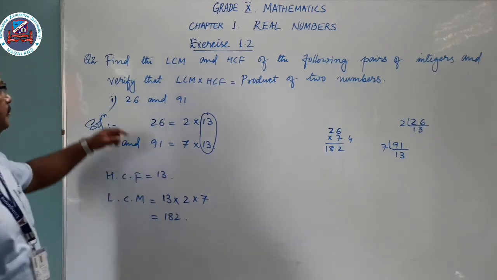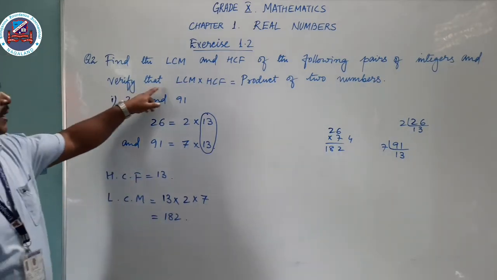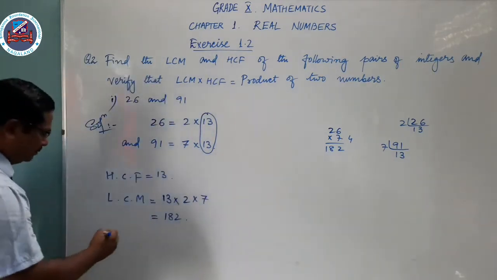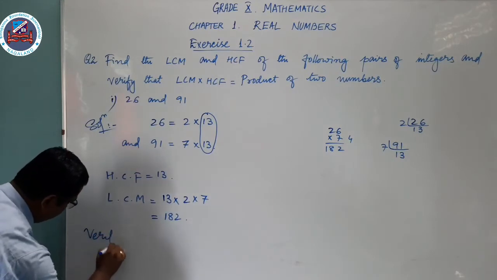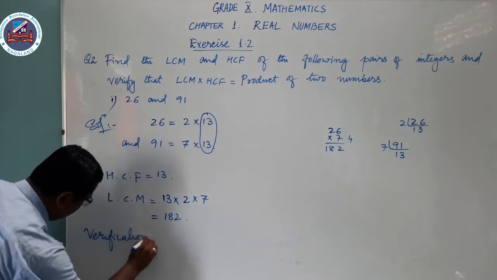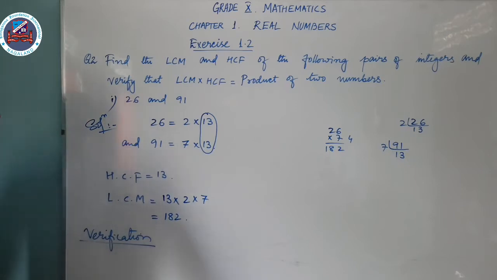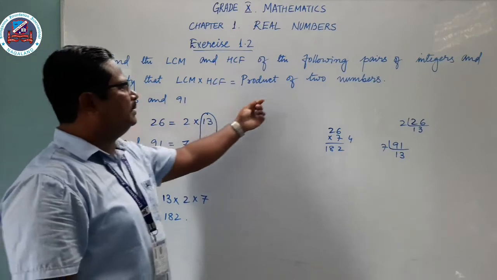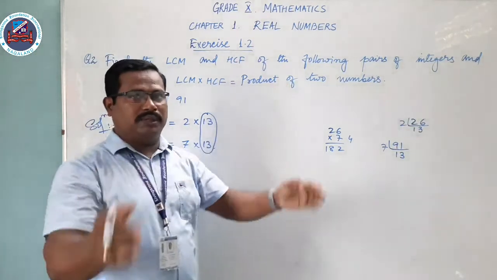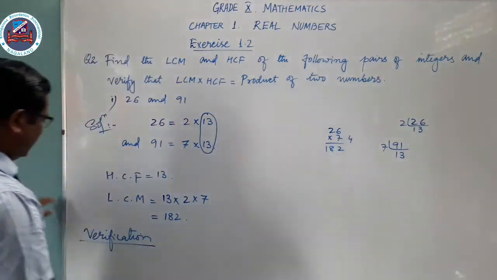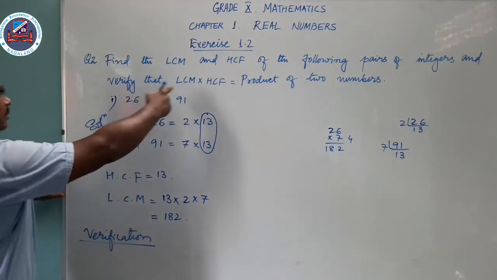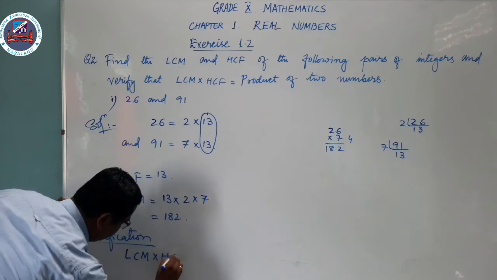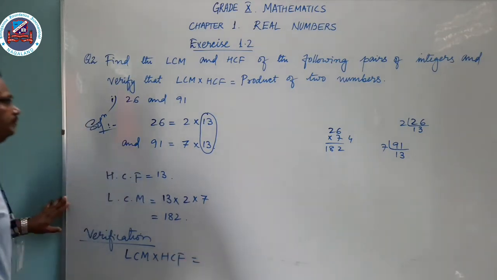Now let us see the second part, that is verify that LCM into HCF. So I'll write here verification. When you do verification, you can take LHS and RHS, or first you do these two and then you do these two, so that both are equal. So if I take LCM into HCF, multiply them.